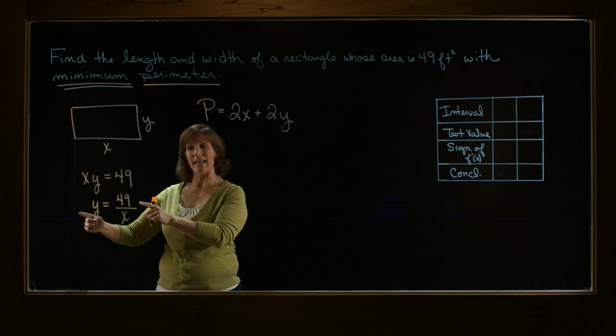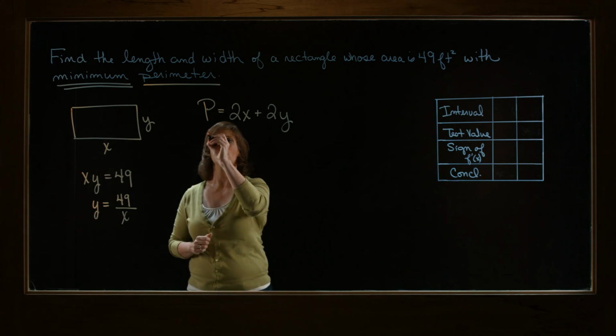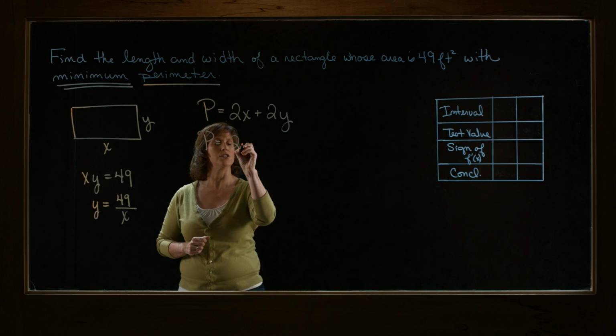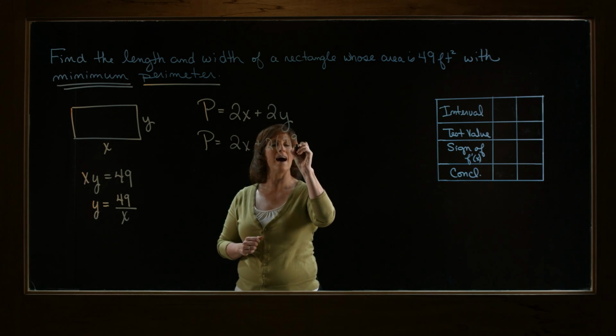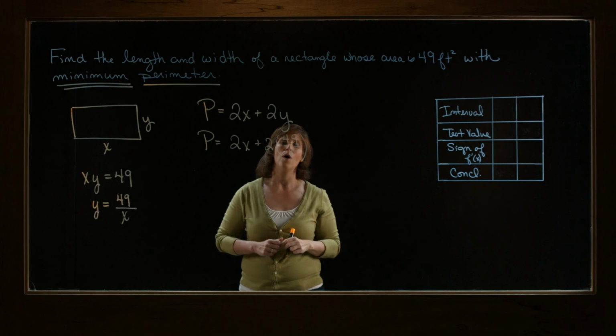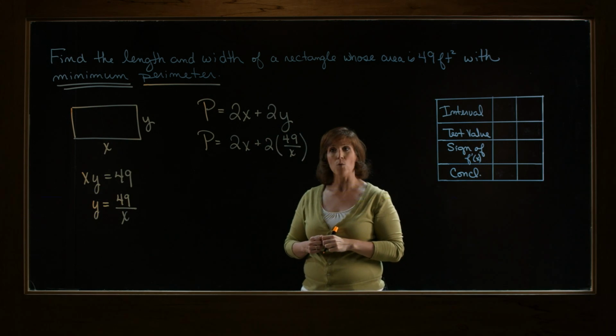I'm then going to take this information and plug it into my primary equation. So my perimeter is 2x plus 2 times 49 over x. Great, now I have my primary equation and it's written in terms of a single variable.